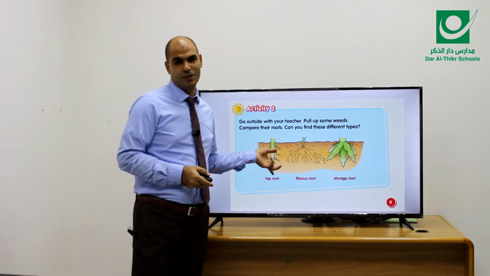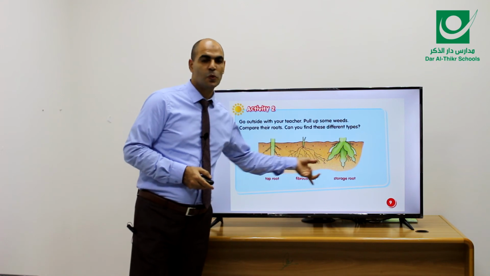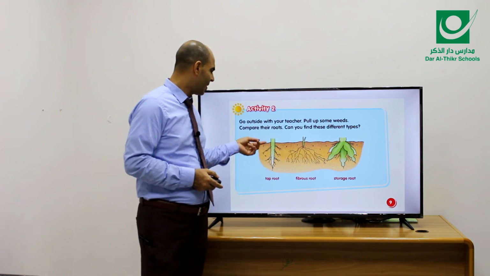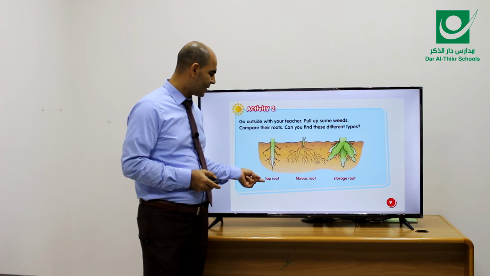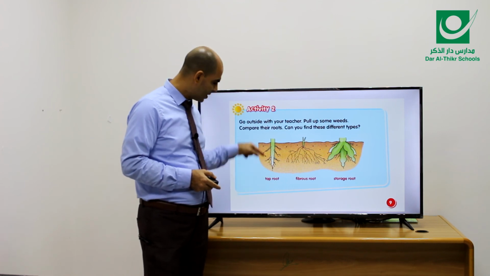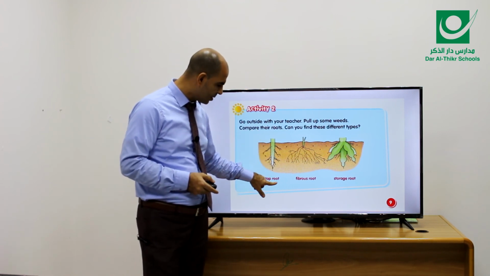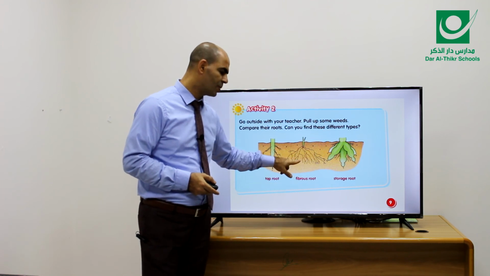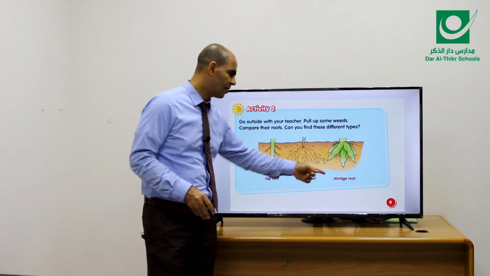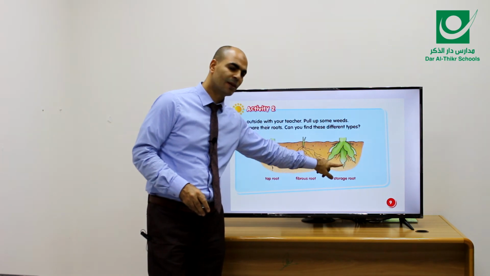Okay, this is very important, by the way. The types of roots. This is a tap root. You see? Tap root. This is fibrous root, like fibers. And finally, storage root.